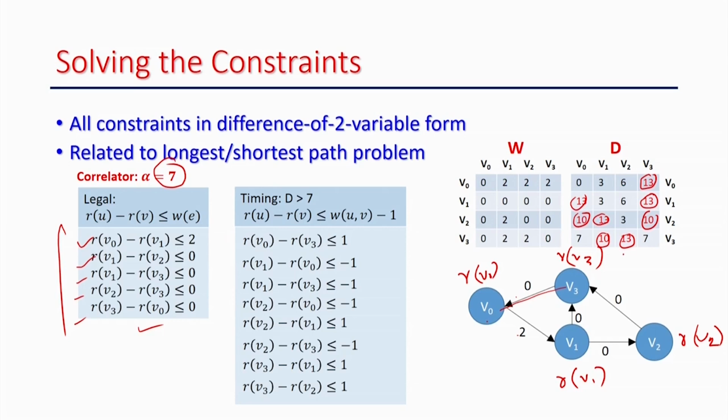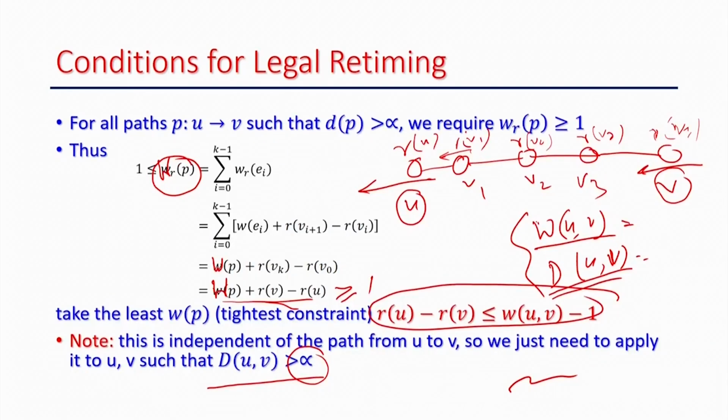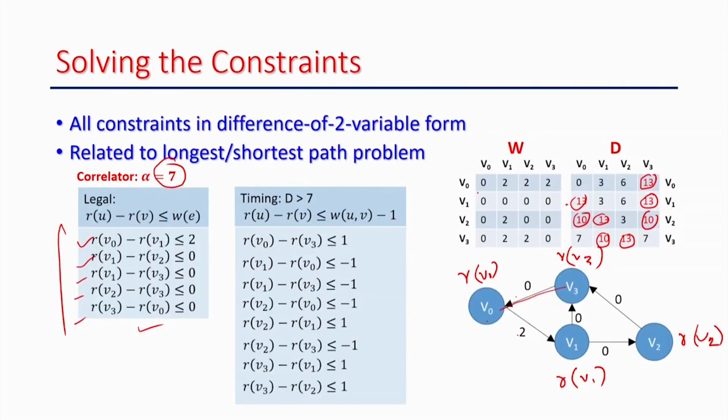So, if I just consider this value, this is V1 to V0. For V1 to V0 I have to add a constraint like this: RU minus RV less than or equal to WUV minus 1. The WUV value we get from this parameter.